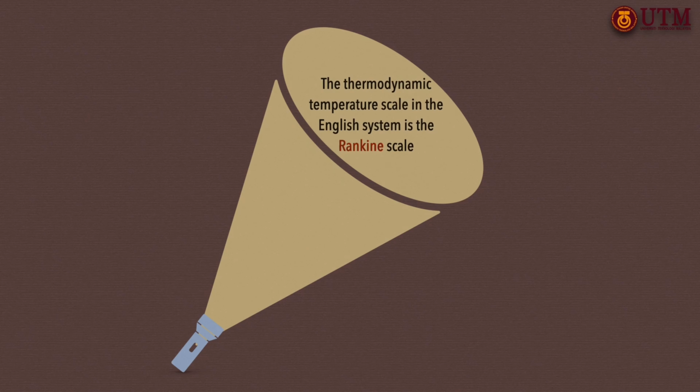The thermodynamic temperature scale in the English system is the Rankine scale, named after William Rankine. The temperature unit on this scale is the rankine, designated by a capital R.